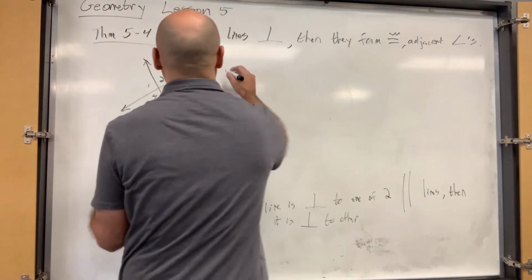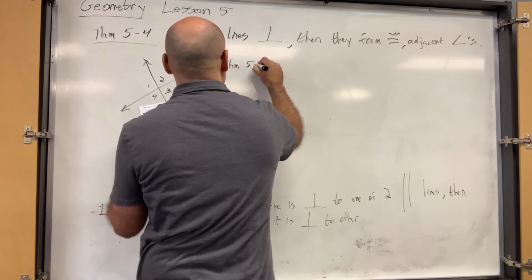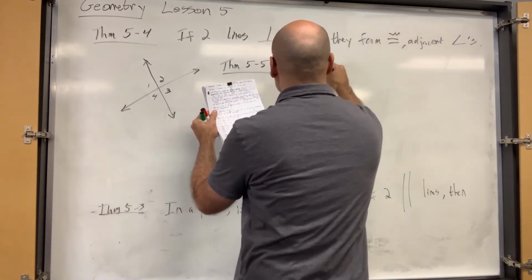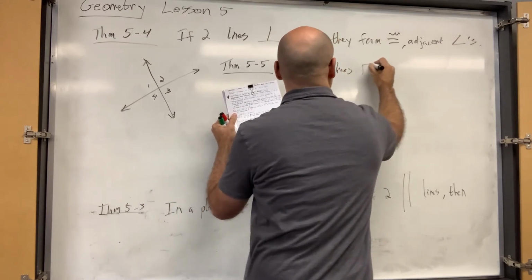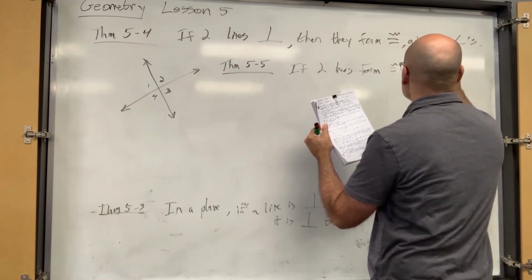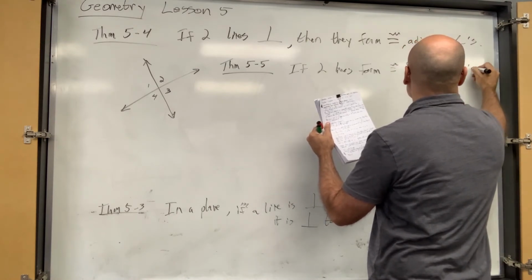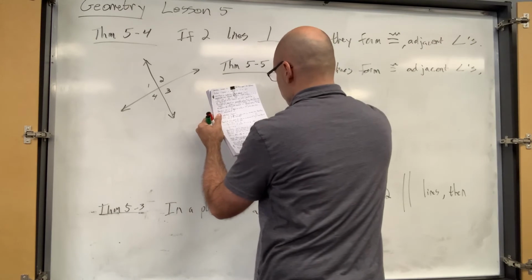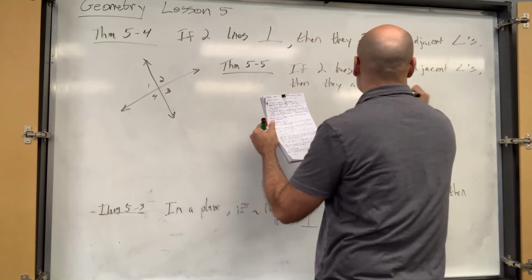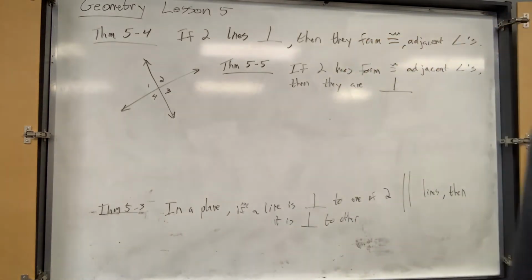Here's theorem 5-5. Theorem 5-5 says this. If two lines form congruent adjacent angles, then they are perpendicular.